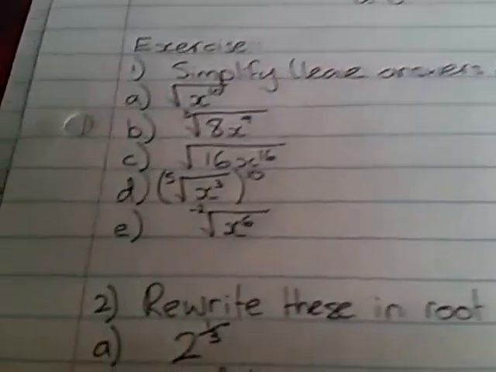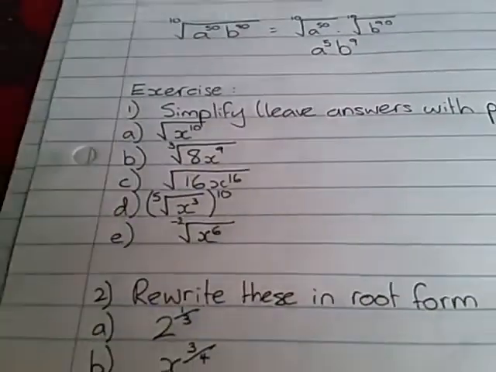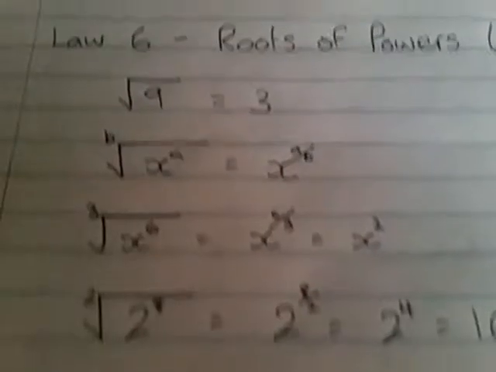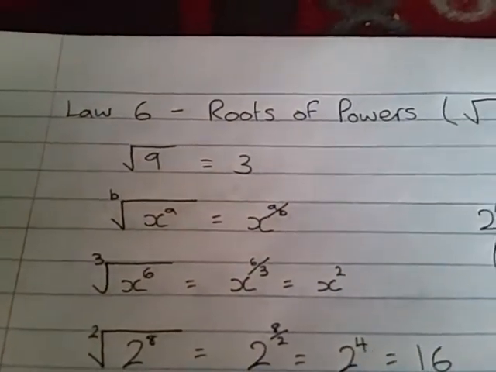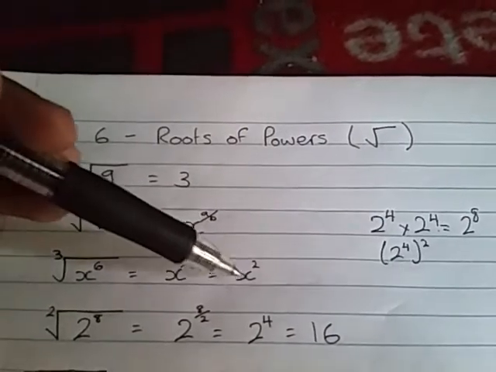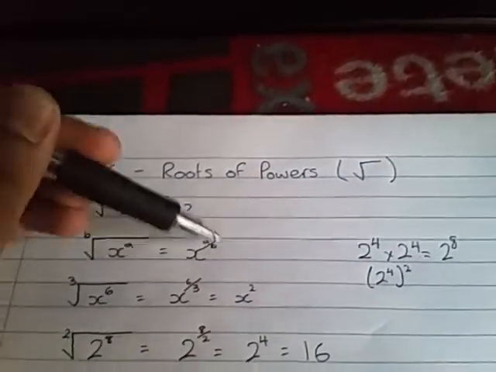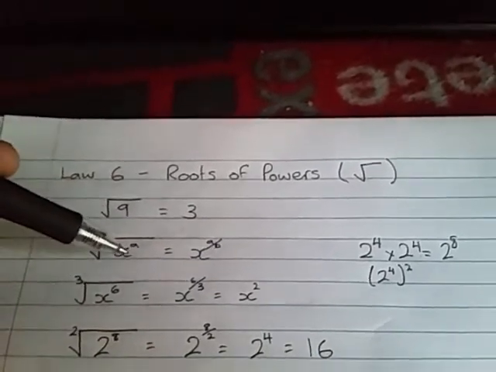But I also have another one, which is rewrite these in root form. In the second part, I'm expecting you to use your ability of knowing what's actually happening to go in reverse, to be able to turn this back into that.